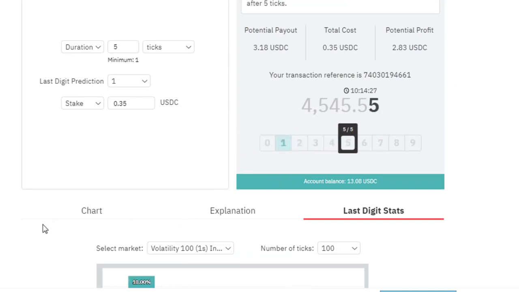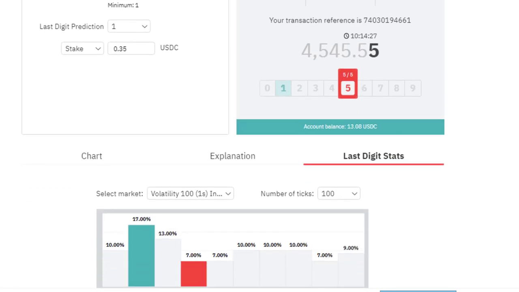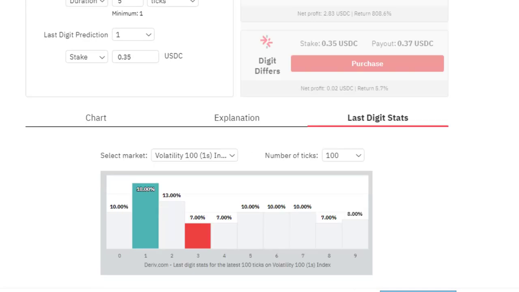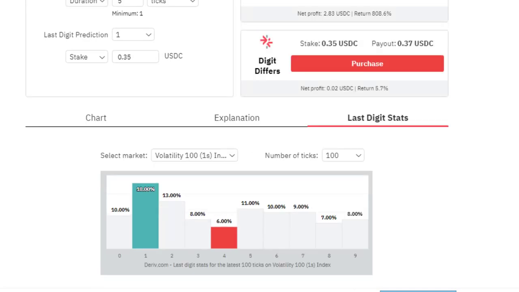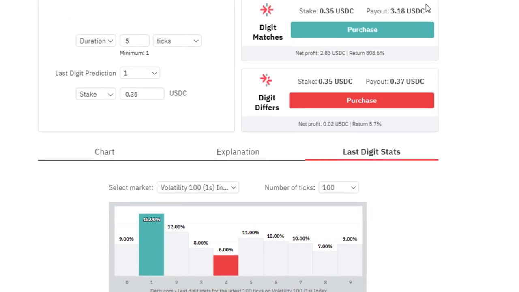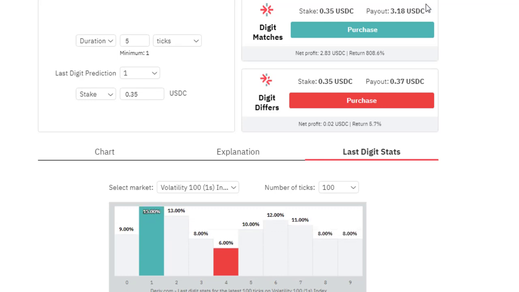So basically what you do is, so that's a loss. Now if you place 9 trades, if you win one, you will not lose anything. If you're able to win 1 out of 9 trades, then you will have your money back.